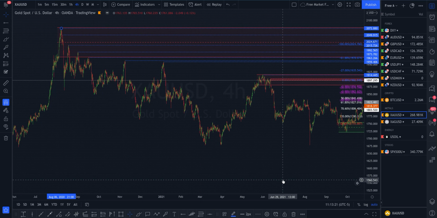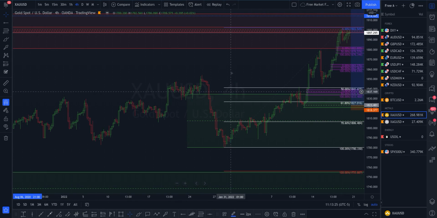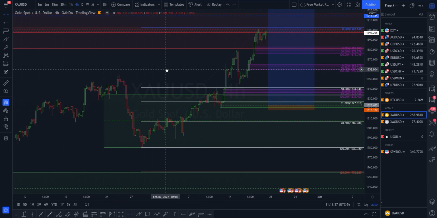So gold. Institutional bias is consolidation. All right. However, taking a look at structure, I'm sorry guys, but taking a look at structure, I'm probably going to see this going up. This is the opportunity that I'm looking for to take this market up.